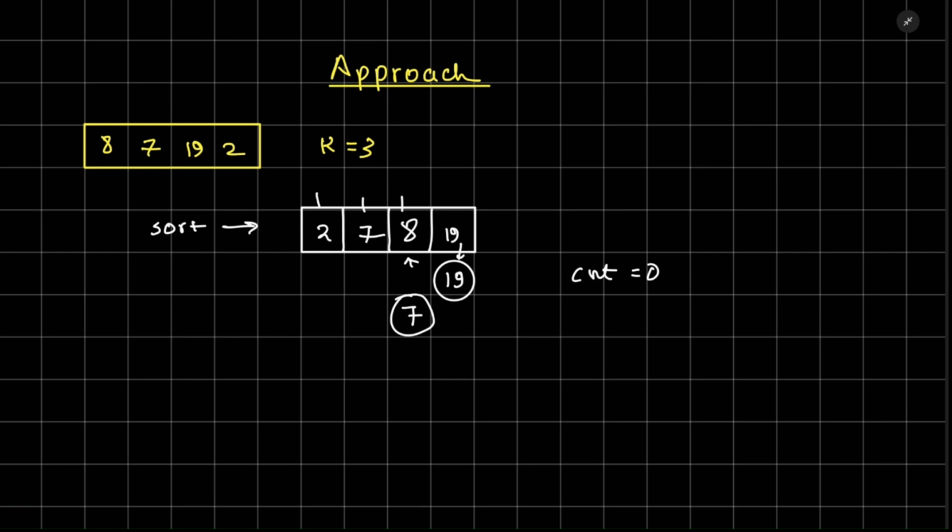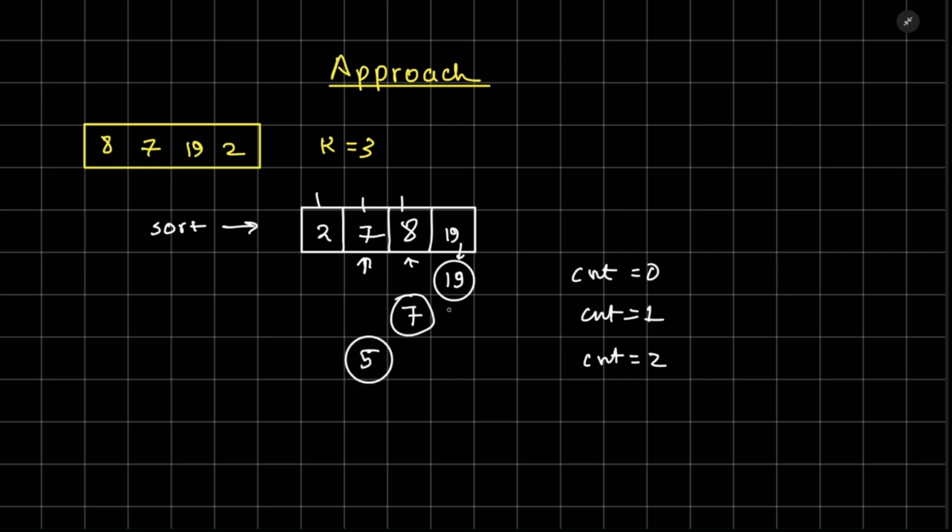Now we choose the next greatest element, that is 7. Our counter was 0, then became 1, and now our counter would be 2. When we select 7, we have to decrease 2 from it because 2 elements have been selected prior to this, so its value must be decremented twice. So we decrement it to 5.